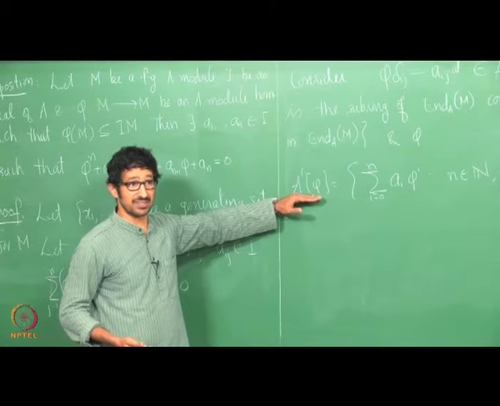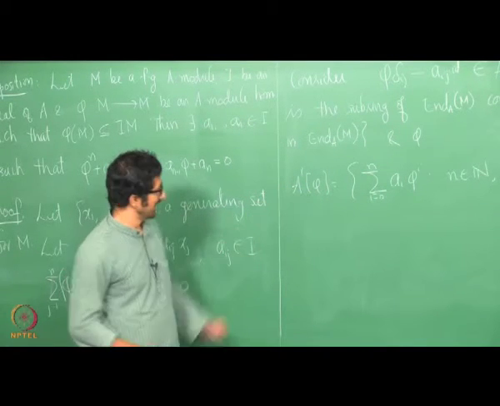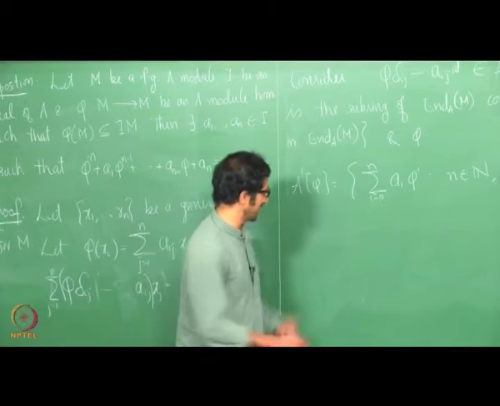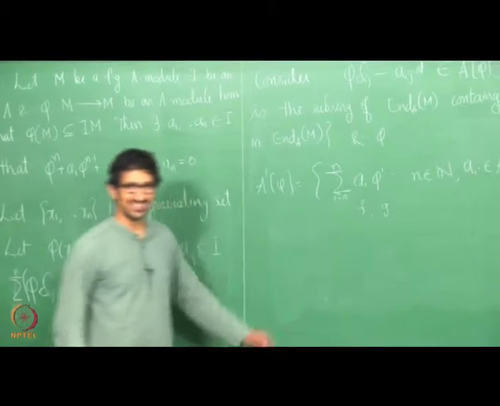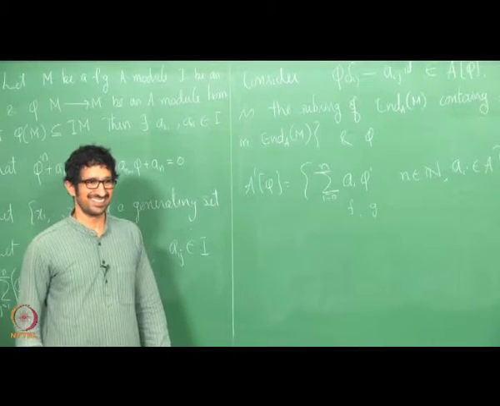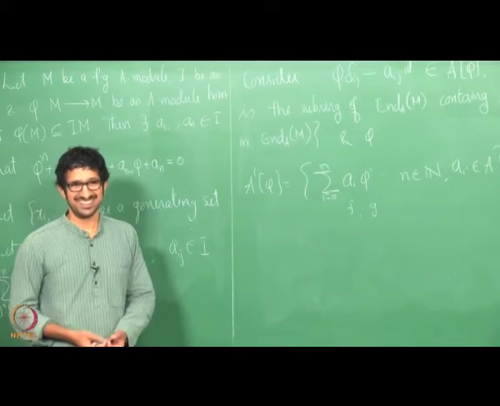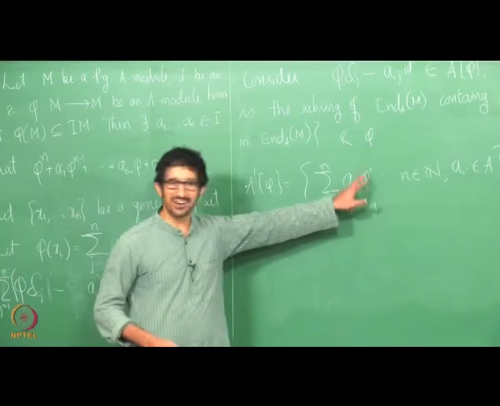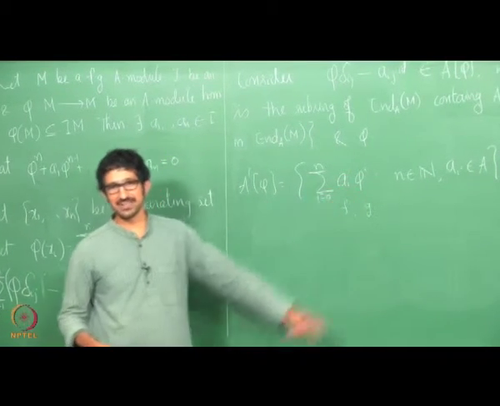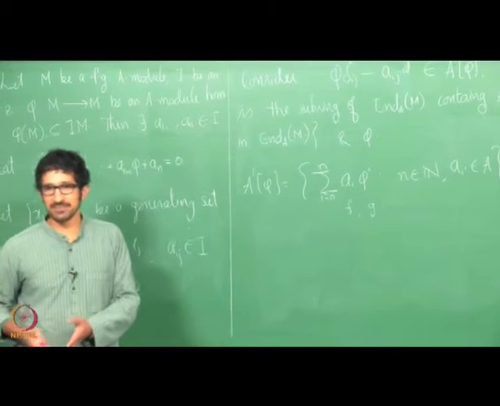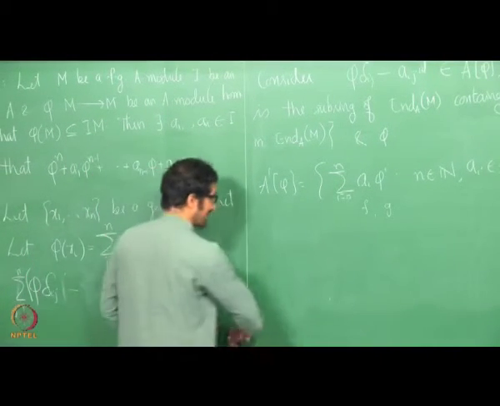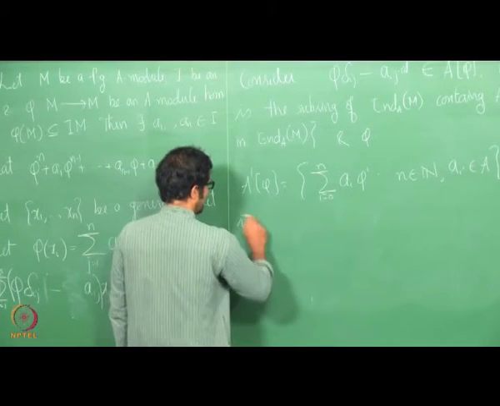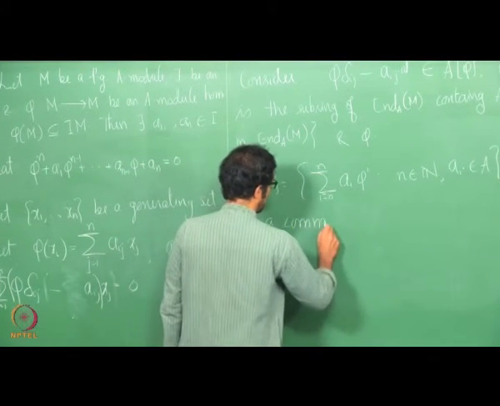Take any two elements, f and g. Because the ai are from a commutative ring and phi commutes, phi n composed with phi m is the same as phi m composed with phi n, this is a commutative subring of the endomorphism ring.